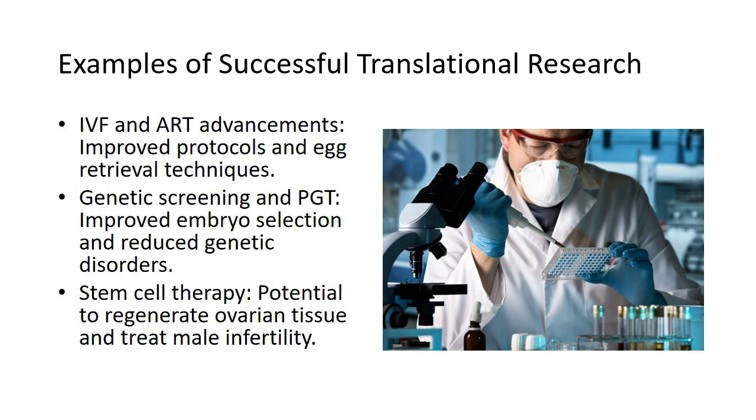Basic research into reproductive biology and embryology led to the development of IVF, which has since become a standard treatment for infertility. Innovations such as embryo freezing, genetic screening, PGT, and egg and sperm freezing have further improved IVF success rates.